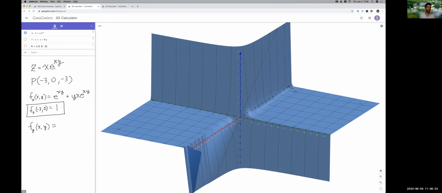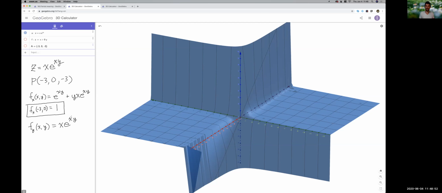Let's do the y derivative. Now I'm looking at this function and thinking of x as a constant. So the constant x out front, nothing happens. It remains multiplied by e to the xy. The derivative of e to the xy, again, stays the same. So I've got x e to the xy, except I have to do a chain rule again.